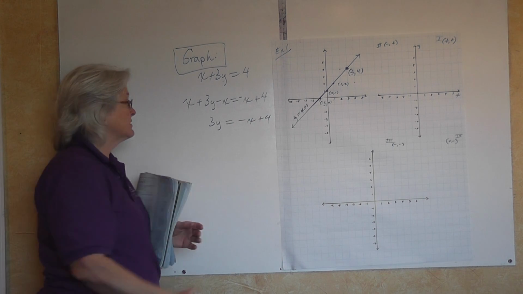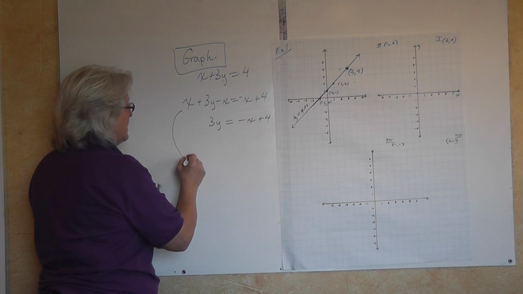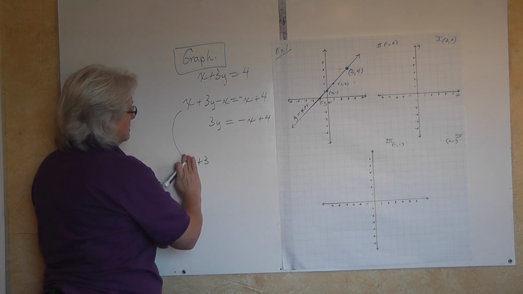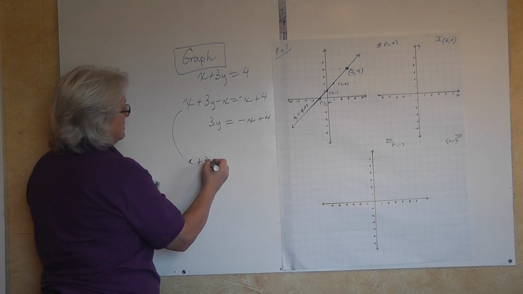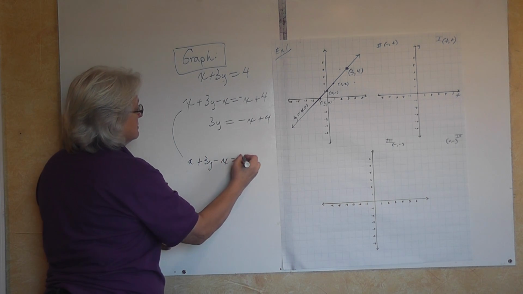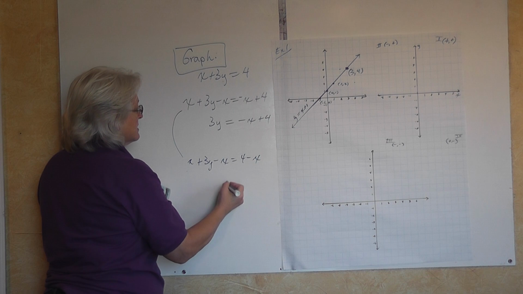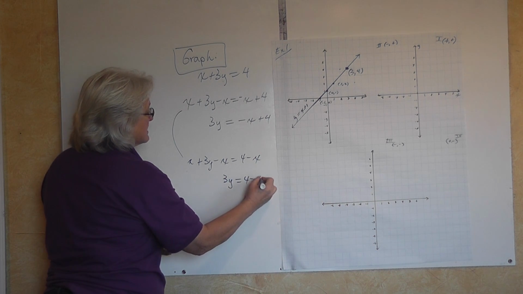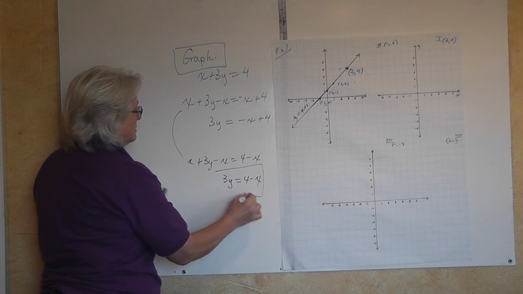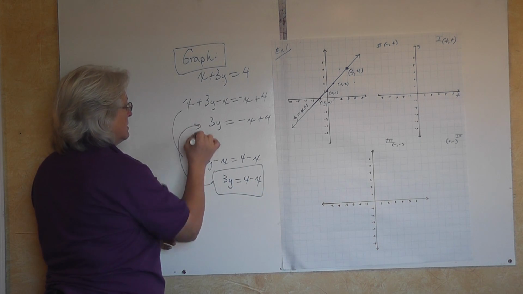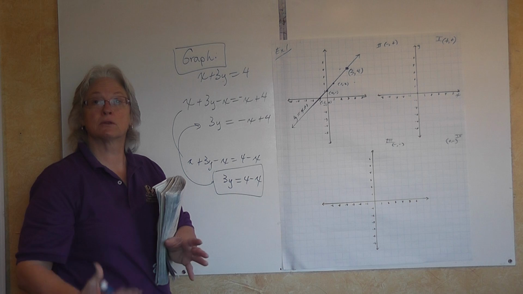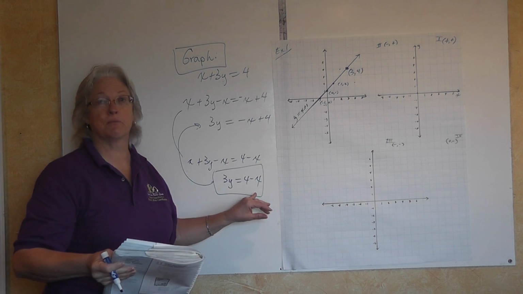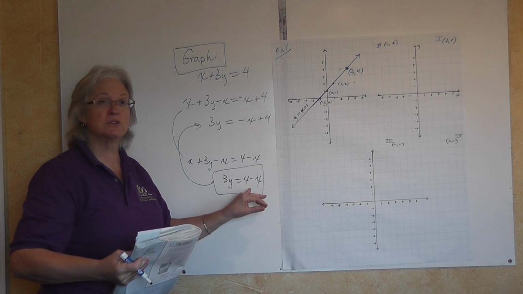Now, could I have had this look differently? Could I have said x plus 3y minus x is equal to 4 minus x, so that I had 3y is equal to 4 minus x? Do those 2 equations mean the same thing? Yes, they do. Does it matter which form you use?